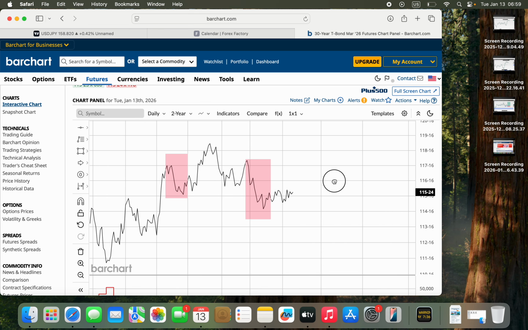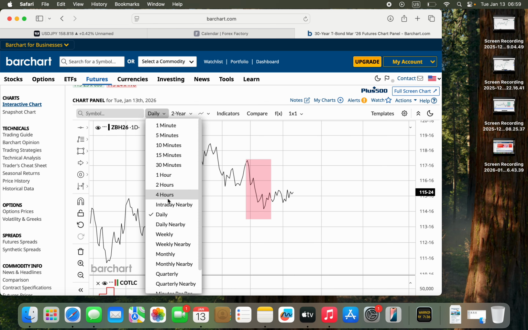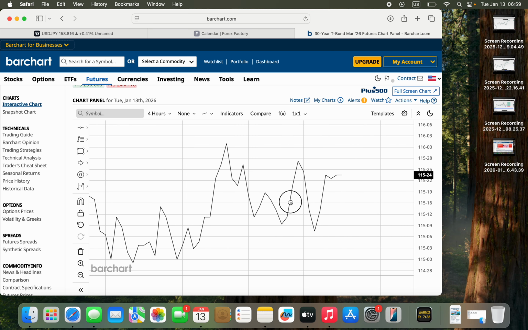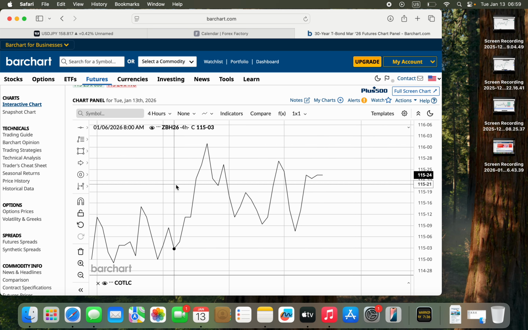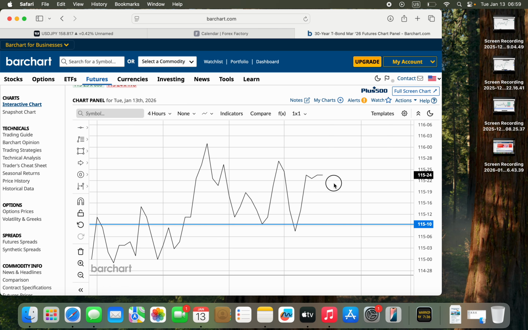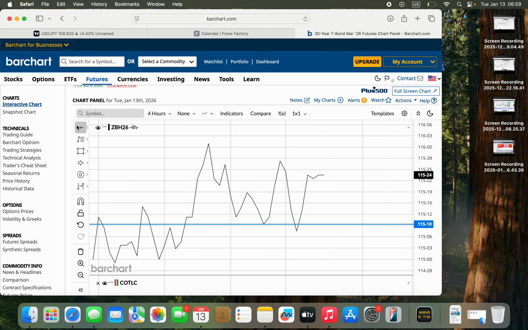As you can see right now, let's use the 4-hour time frame because we are doing intraday. As you can see here, you are looking for SMT divergence.